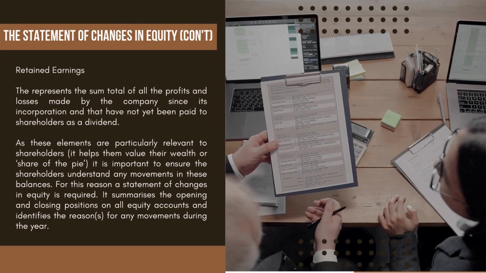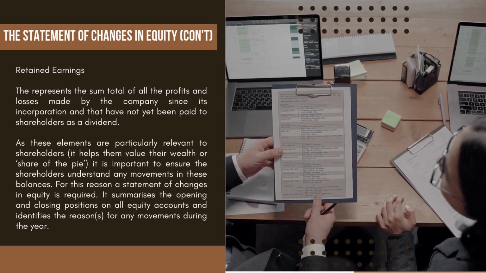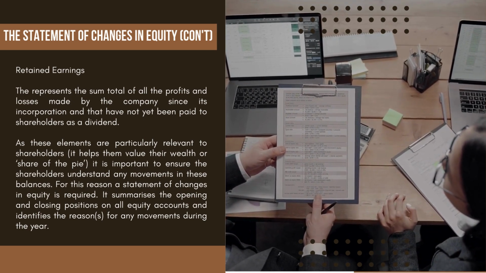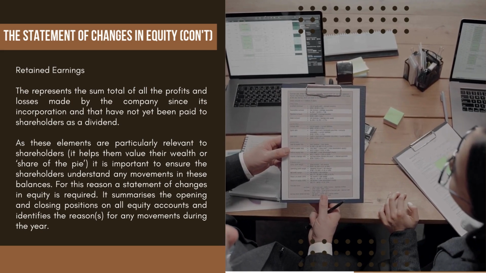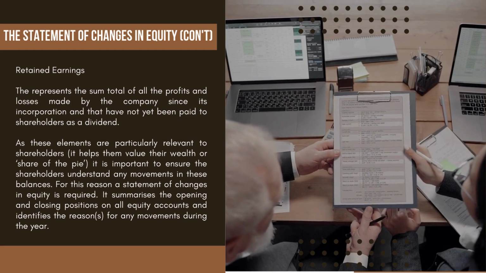Retained earnings represent the total of all the profits and losses made by the company since its incorporation and that have not yet been paid to shareholders as a dividend.